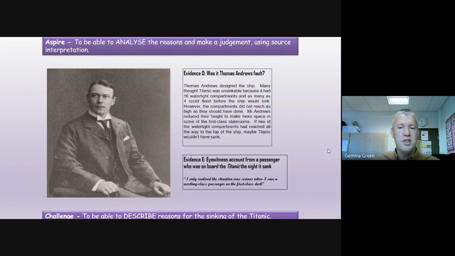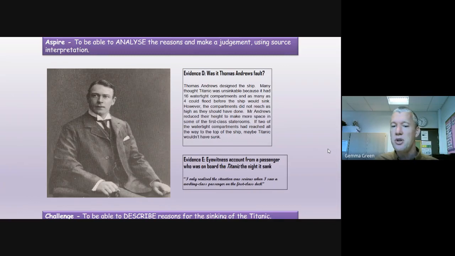So evidence E is an eyewitness account from a passenger who was on board the Titanic again that night. That eyewitness says, "I only realised the situation was serious when I saw a working class passenger on the first class deck." So that piece of evidence shows us quite a distinctive difference between these passengers that are travelling in the poorly laden compartments, the compartments with hardly anything in them, bunk beds, maybe a toilet if they're lucky, and these big stately rooms.